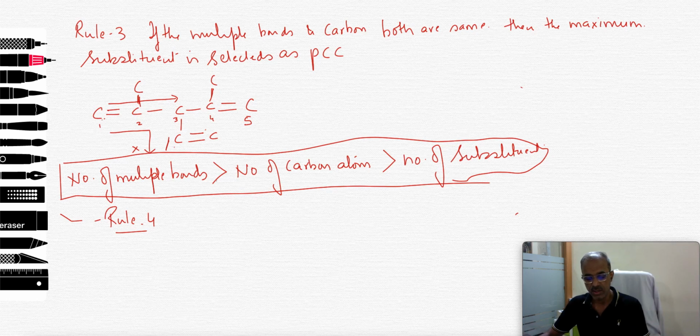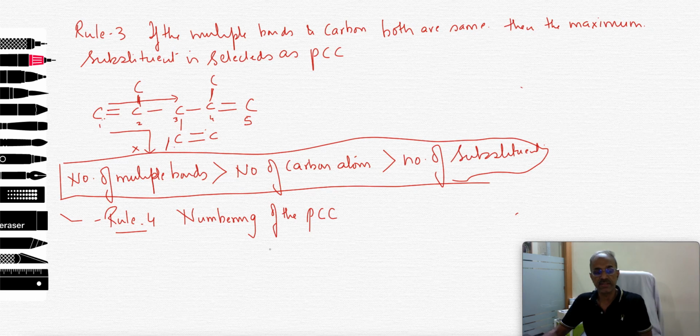Now we will see the numbering of the parent chain, how it is done. In the first three cases we saw which parent chain has to be selected. Now the numbering of the parent carbon chain.